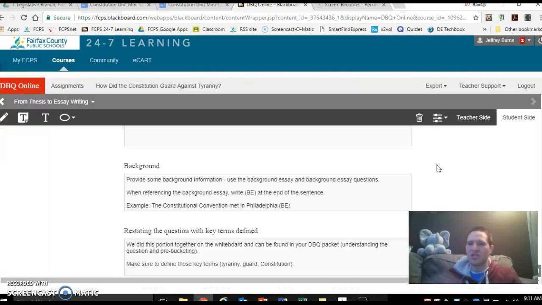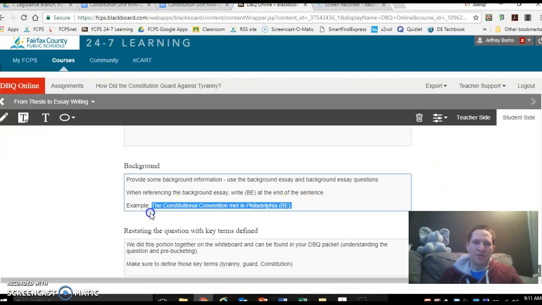So, the Constitution and preventing one group or one person from becoming too powerful. When you're referencing the background essay, here's an example right here. You shouldn't use this in yours, but that's how you would reference the background essay. You'd write your sentence, then parentheses, BE, parentheses, period. You'd do the same thing for the documents when you get to the body paragraphs.